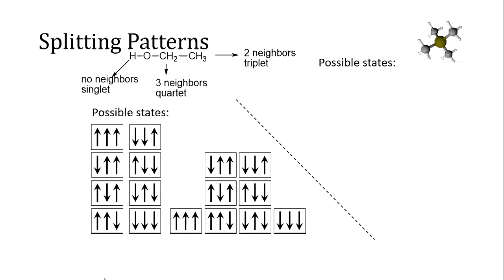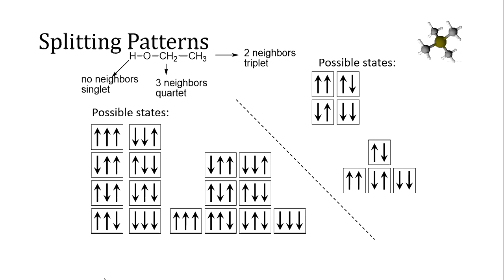2 neighbors generate 3 peaks that are arranged in a particular characteristic pattern as well. Those 2 neighbors, so the methyl group has 2 neighbors in the CH2 group, can be aligned in 4 possible ways. One way in which both spins are aligned with the external magnetic field, 2 ways in which one of them is aligned and the other is opposed, and 1 way in which they're both opposed.